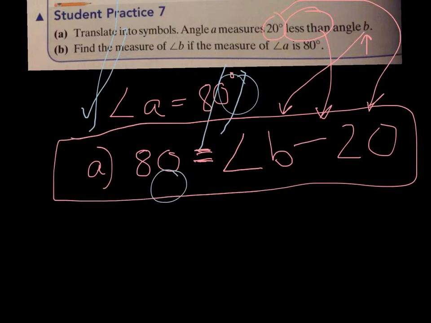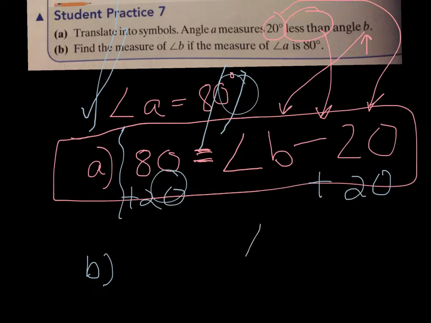Okay? Now B says to actually solve and find the measure of angle B. So now, here for answer B, we need to solve this guy. So we have angle A, we have 80 equals angle B minus 20. Well, we want to get angle B by itself, so we need to take that minus 20 and plus 20, right?